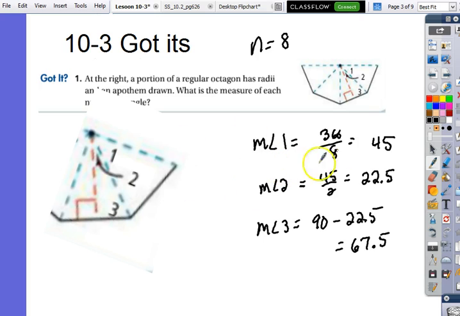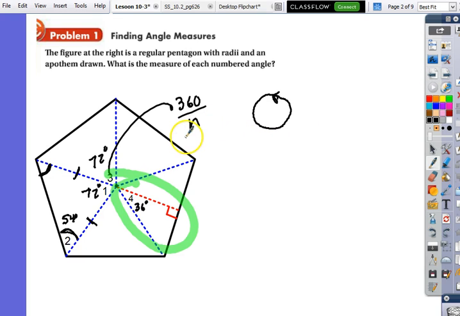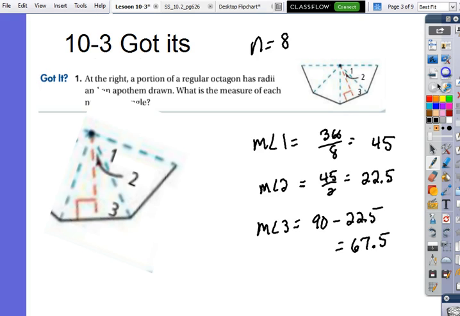So the point I'm trying to make with this exercise is whether you know it's an 8-sided regular figure or a 5-sided regular figure, you ought to be able to find this angle and this angle just by knowing how many sides it has. And just about every problem we work will tell you how many sides there are.